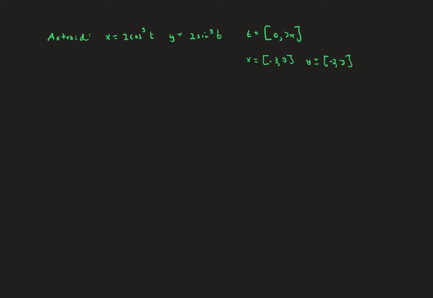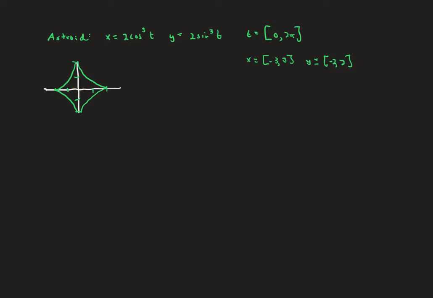When you graph that, you're going to get something that looks sort of like this. There's our axes, and our shape is going to look sort of like this, hopefully. And that's what is called an astroid.